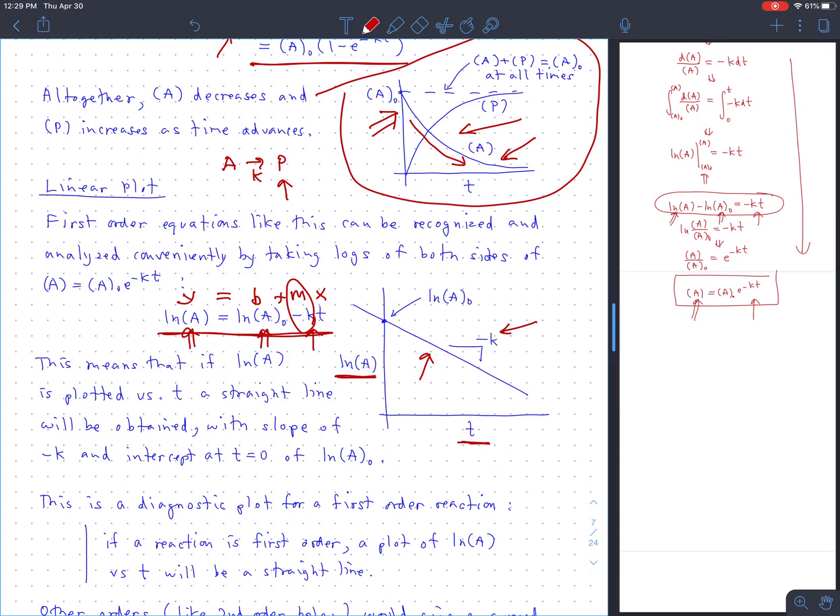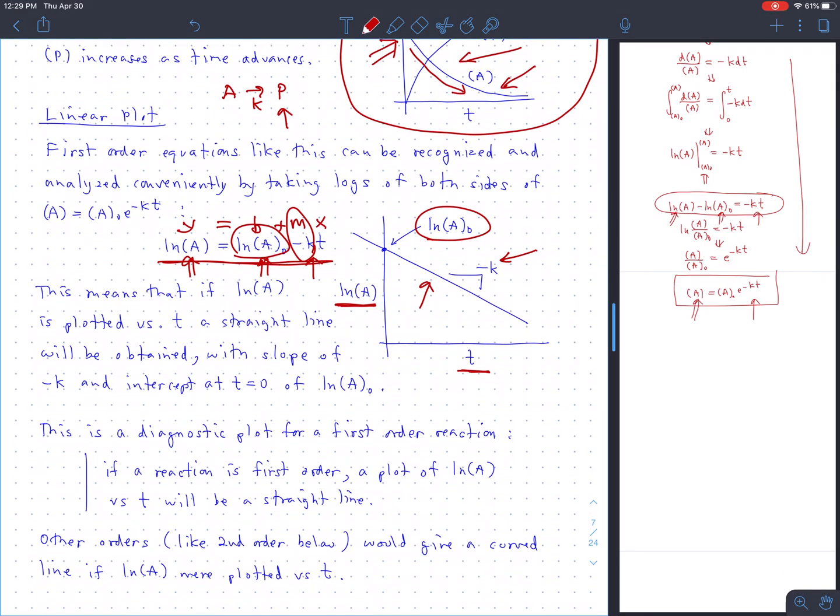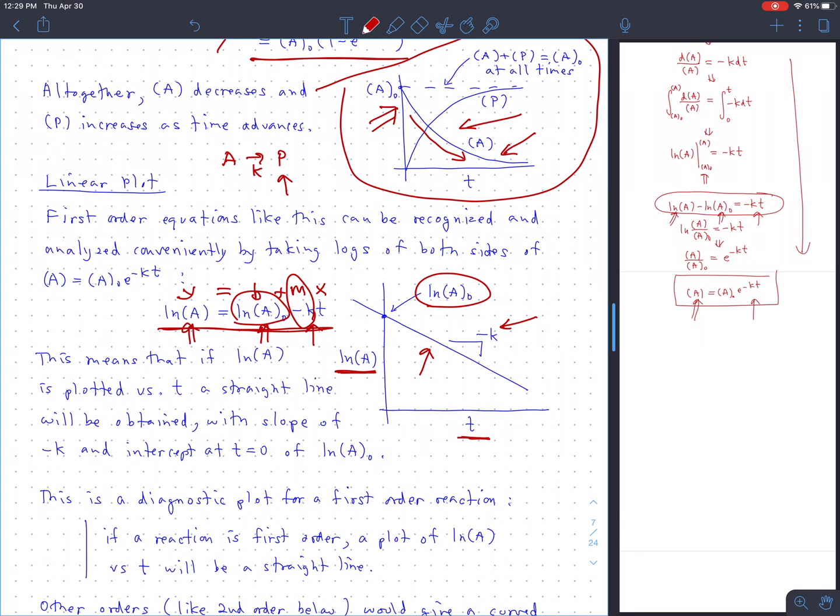And the intercept on the y-axis of that straight line should equal the log of A0. That's only true, though, if this was a first-order reaction to begin with, if we had exponentially decaying behavior in the first place. You only get a true straight line when you plot log of A versus t for a first-order reaction.